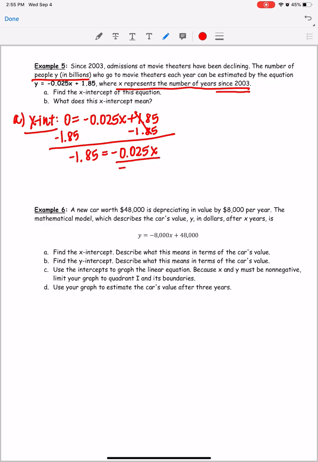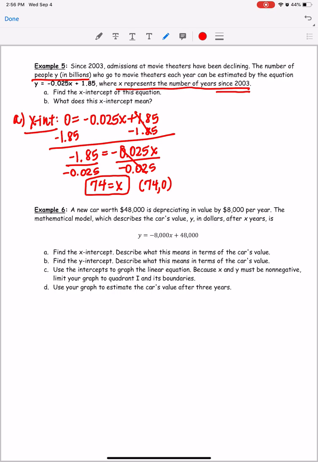So now divide by negative 0.025. And we get 74 equals x. Now, it doesn't really say to write this as an ordered pair. So if it doesn't say to write it as an ordered pair, that is acceptable. But let's just keep getting practice at it. So your ordered pair would be (74, 0).